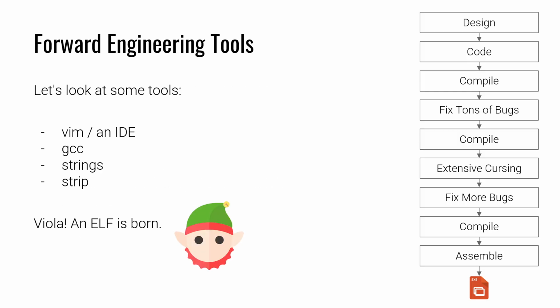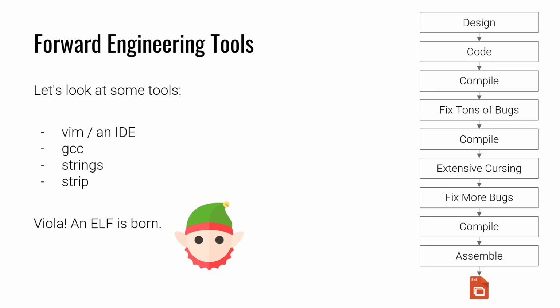When we look at the forward engineering tools, because guys, we're understanding the forward engineering process, we of course have Vim or an IDE. You have these different IDEs that we use for building and writing our code. We have GCC, which is a compiler.